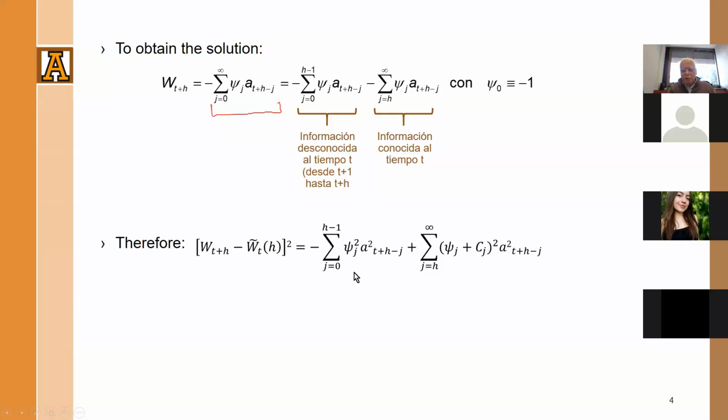Now, of course, the psi_j's refer to what we don't know, so we cannot choose the psi's to minimize that. What we have to do is choose the c_j's that will minimize this whole thing. So in essence, what we want to minimize is this part here: the sum from j=h to infinity of (psi_j minus c_j), where c_j is the coefficient that we don't know. And we'll determine that by minimizing that sum of squares.